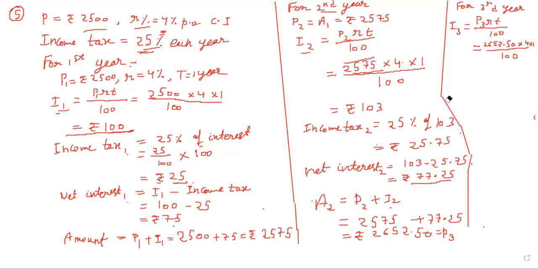Excuse me, sir. In finding A2, it should be 2,652.25.